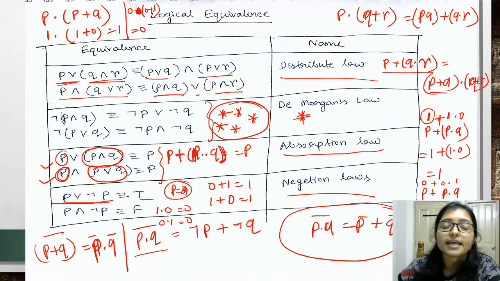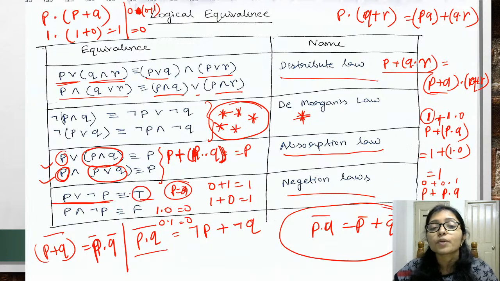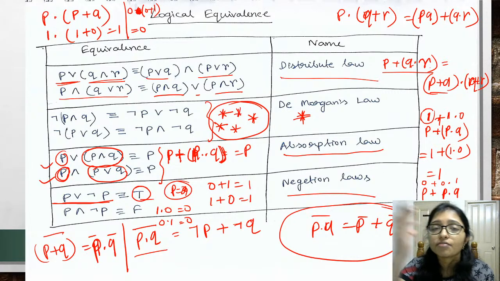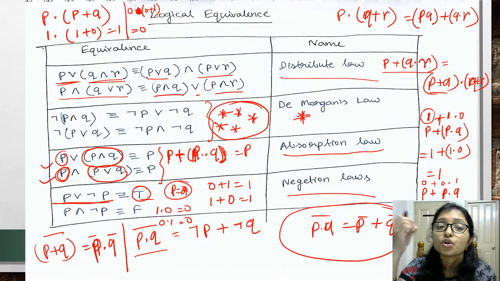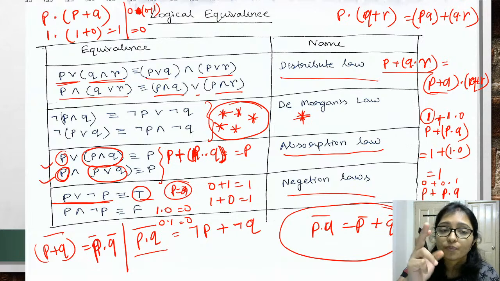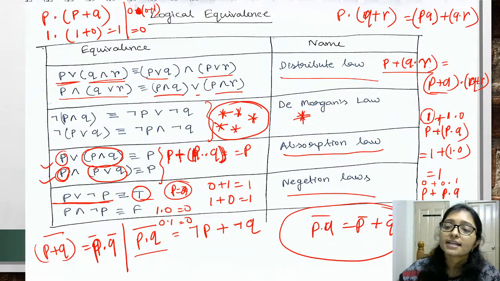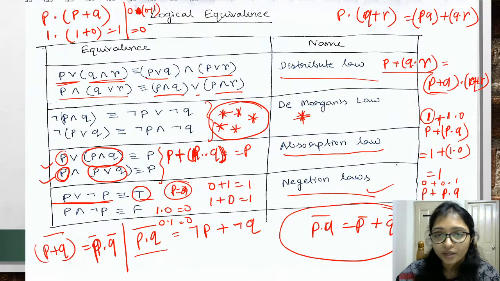P plus negation P is always true, because at least 1 will be 1. If it is 0, then negation will be 1. If it is 1, then negation will be 0. So definitely it will come true. And for the AND, when you are doing multiplication, at least 1 should be 0. That's why the result will be 0 every time. Got it? That is called negation law.